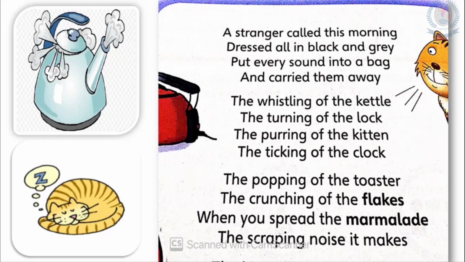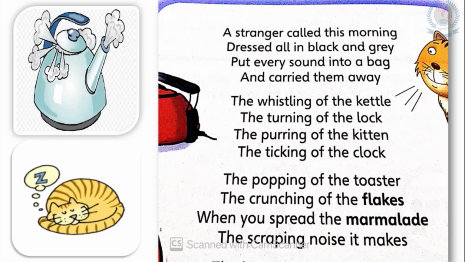The popping of the toaster. A pop-up toaster pushes a slice of toast up when it is done. So at that time it makes a sound. The crunching of the flakes. Flakes means a kind of breakfast cereal. When you crush them with the teeth, it makes a loud sound.